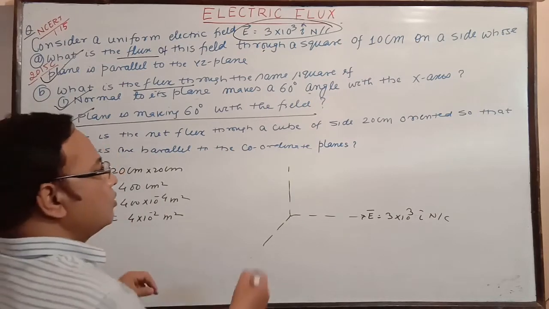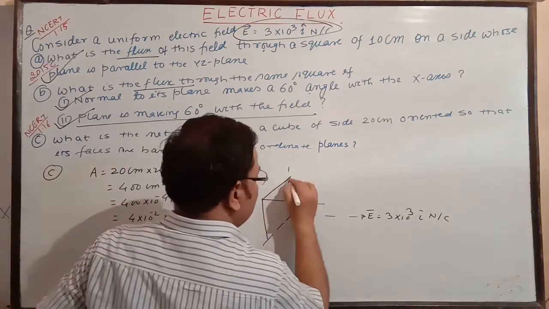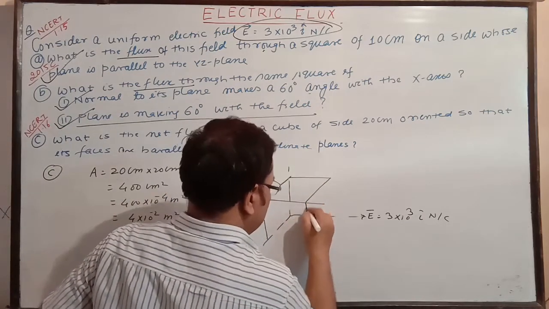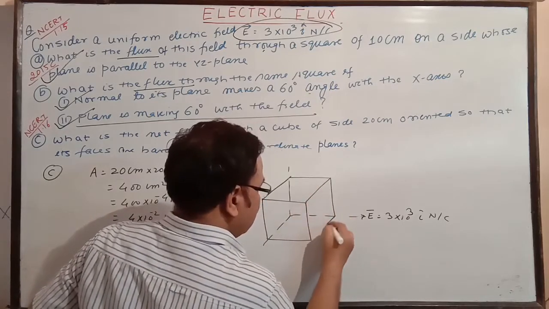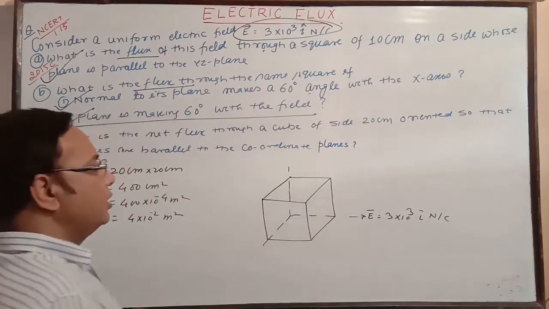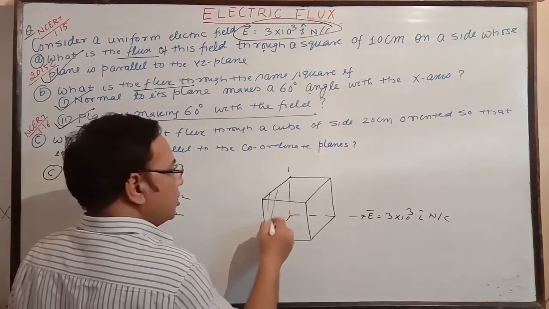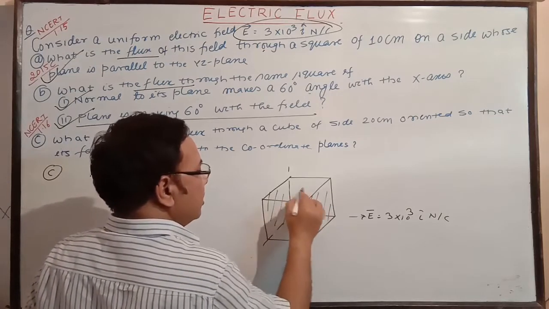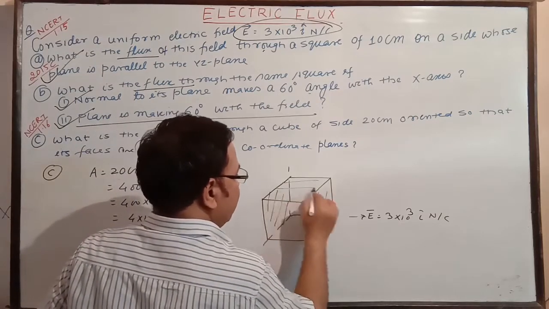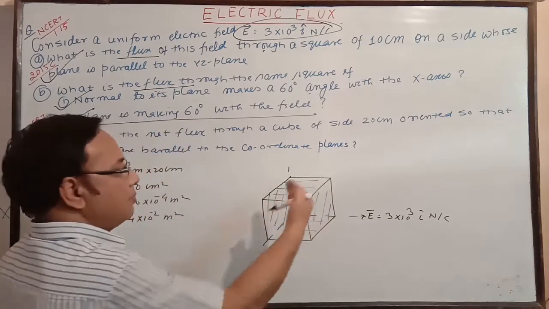So this is the cube I am going to make, and all sides are 20 centimeter. Flux is, this is left side, this is right side, this one is up, this is down, and front and back.